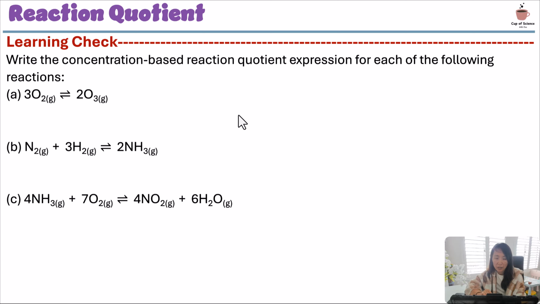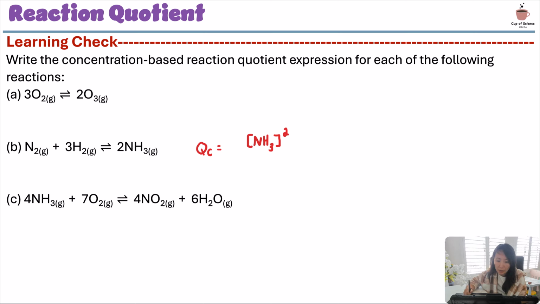Let's do a learning check. It says write the concentration-based reaction quotient expression for the following reactions. So I'm going to do B, you try A and C. So for B, I'm going to go ahead and put Qc is equal to, I have my product, which is NH3. So bracket NH3 to what power? Second power, since the coefficient is two.